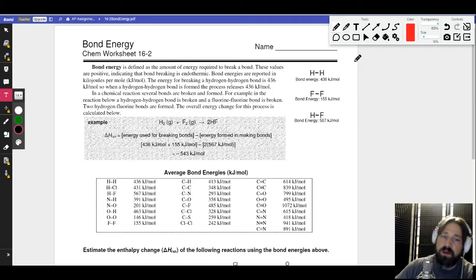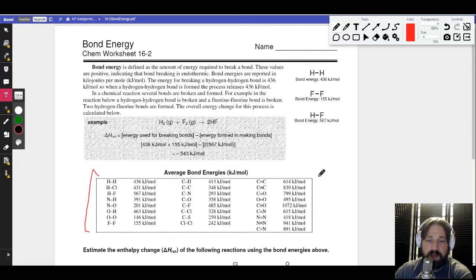Okay, so with that in mind, we have this big, huge table here of bond energies. How does this help us? Well, I'm going to use this example. If we have this reaction that's taking place, we can draw out the Lewis structures of these guys. I know that I'm going to have to break this H-H bond, this hydrogen-hydrogen bond.